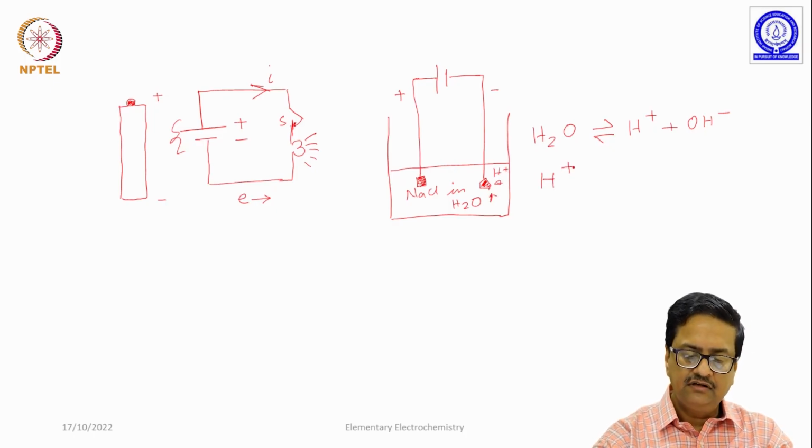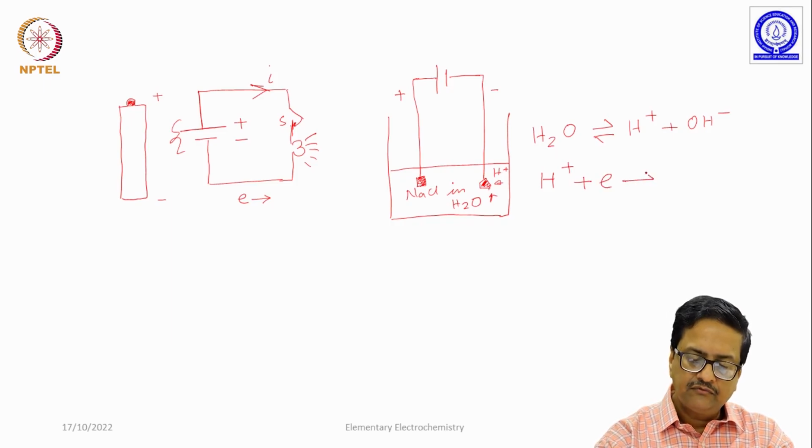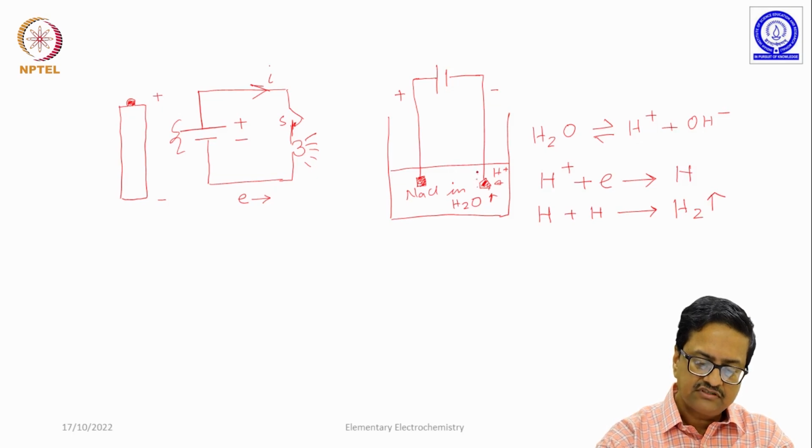The cation will move to this negative electrode, towards the cathode, take up an electron and form the hydrogen atom, and two such hydrogen atoms will join to form the hydrogen gas. So you will start seeing bubbles of hydrogen gas coming out of it, right?